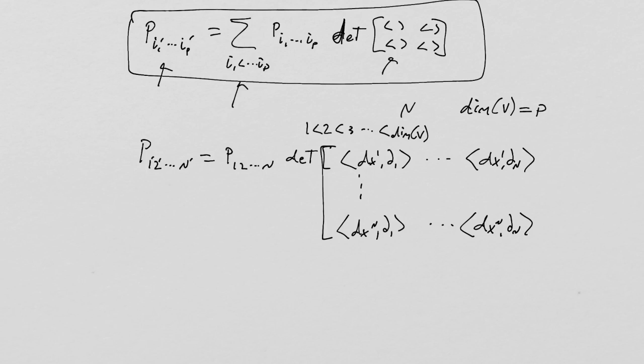And so in here, for example, you have dx3 partial 1, and somewhere in here you have dx3 partial n, and you basically have every one of these things.